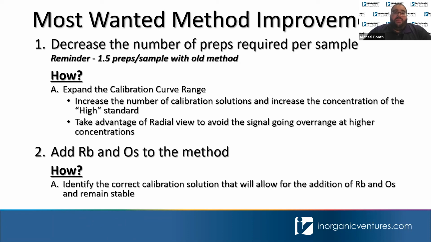Now, rubidium and osmium are not the most popular elements to be added to solutions, but they do come through, and we like to try to test everything we can with as high quality as we can.